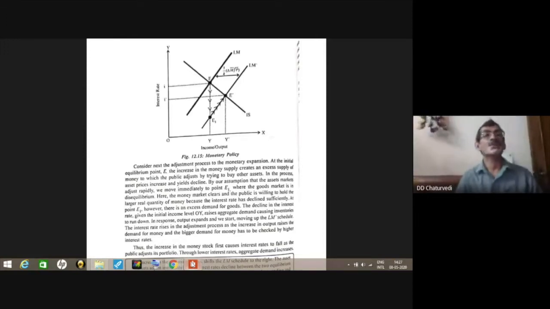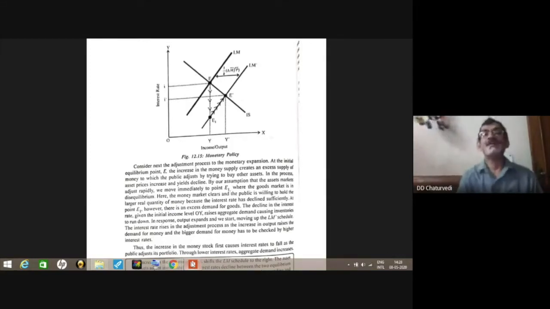I think, student, you remember in the previous class, I told you every point to the right of the LM curve will imply excess supply of money, and this excess supply of money leads to a lesser rate of interest. So when the rate of interest is less, there will be increase in the investment demand, and due to increase in the investment demand or autonomous demand, the economy moves from E1 to E dash.